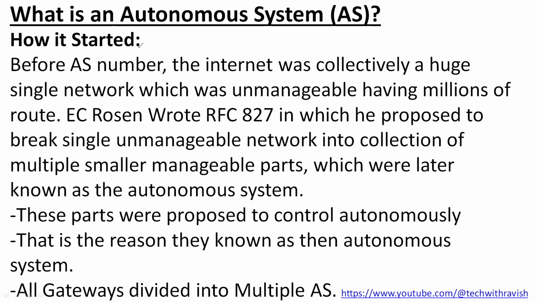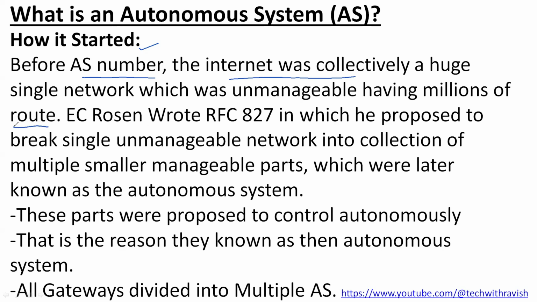Well, let's talk about the history of autonomous system number. Before autonomous system number, the internet had one big database of a huge number of networks in a single route.